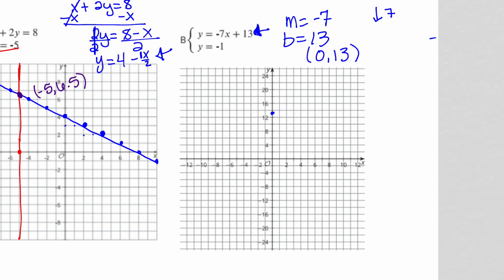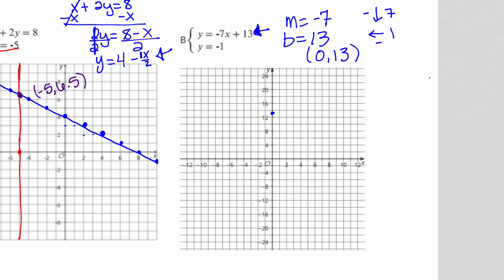So which direction do you think we're going to go? Left. If I go left, what does that make my slope? We went down, that's a negative. We went to the left, that's negative.